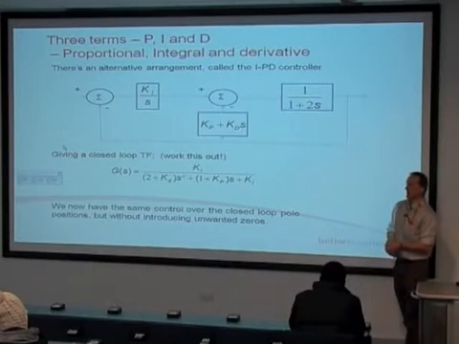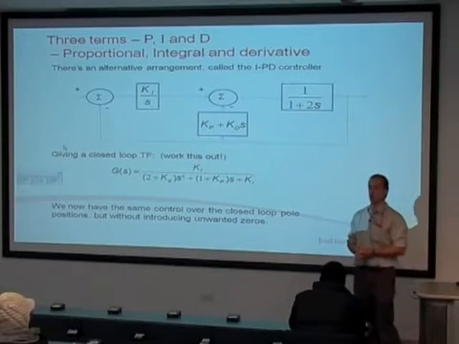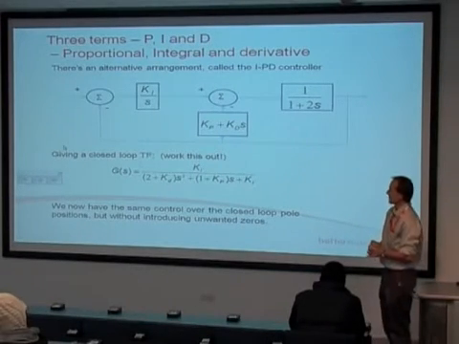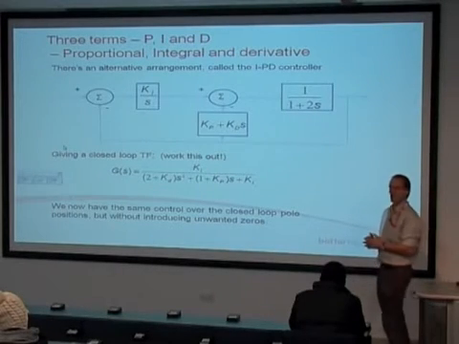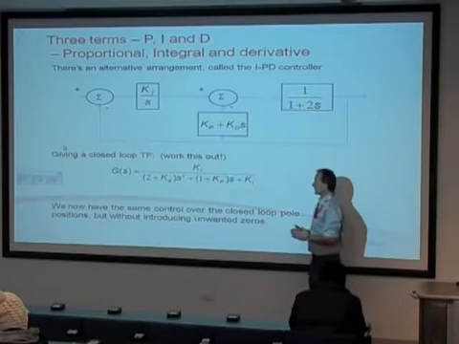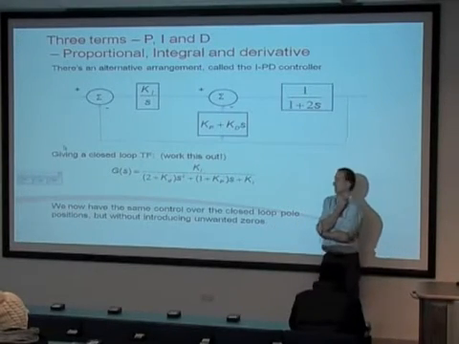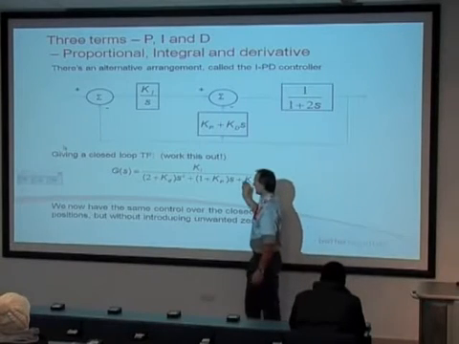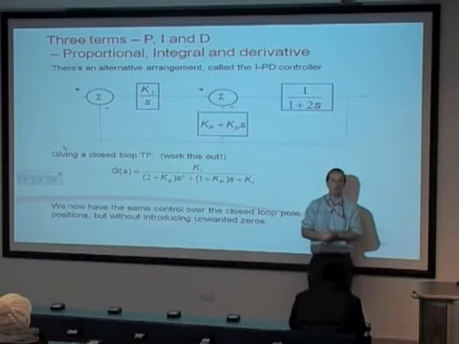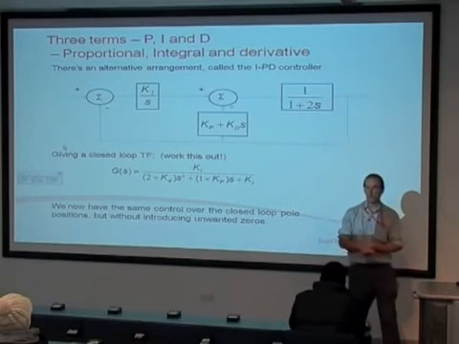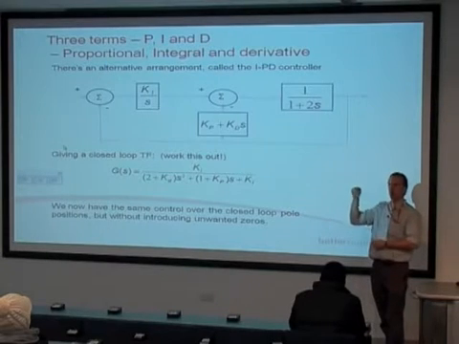There are what they call empirical methods for doing this, which I'm not going to talk very much about. There are a number of different empirical methods that rely on semi-experimental techniques. For example, one technique says you make Ki and Kd 0, and you start winding up Kp until the system just oscillates.